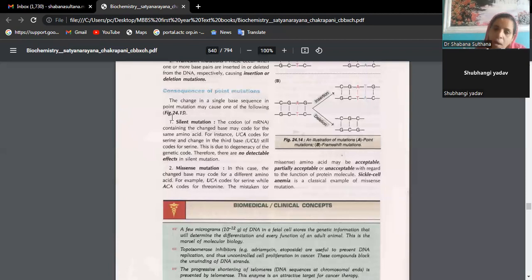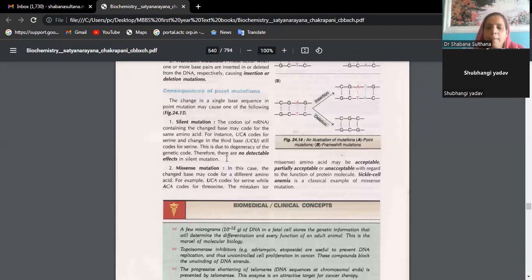So suppose UCA codes for serine and UCU also codes for serine. Such mutations will not cause any harm to human beings, and are called silent mutations. Whether it is UCA or UCU, both code for serine only.